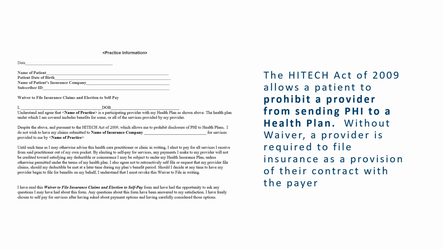Now, it also states that the patient agrees not to retroactively self-file or request that the provider file claims should my deductible be met at a later time during my plan's benefit period. Well, what does that mean? Let's say the patient signs the waiver at the beginning of the year because they have this $11,000 deductible, and halfway through the year, something happens.